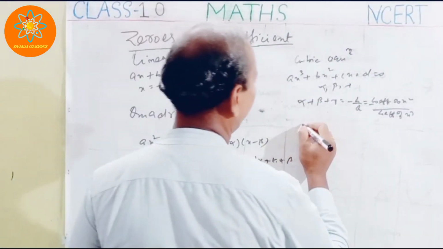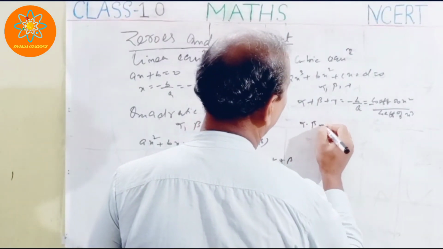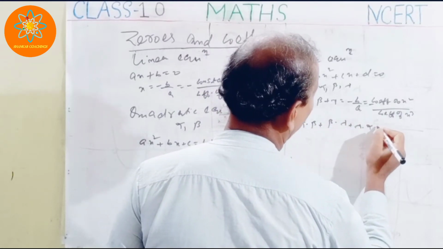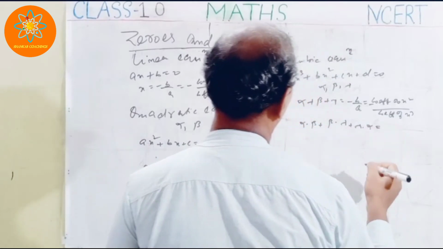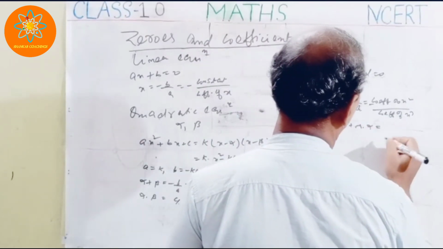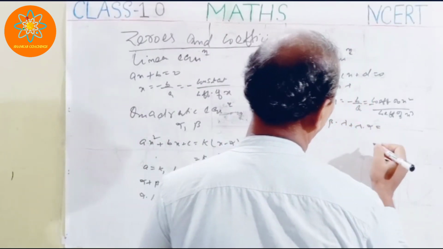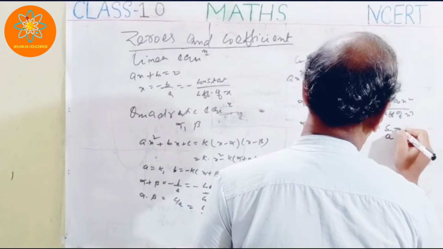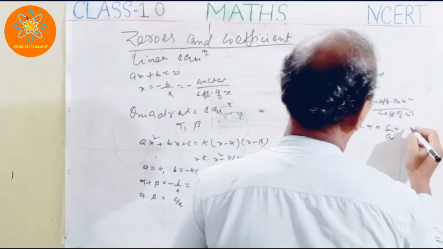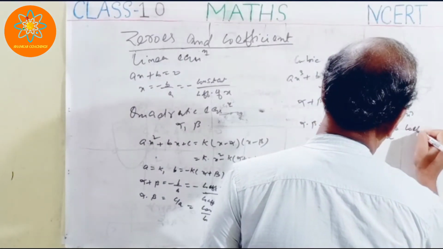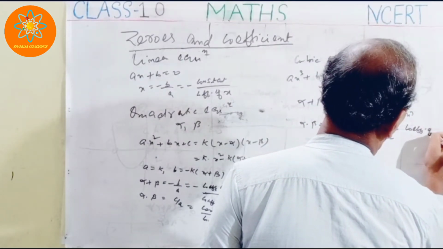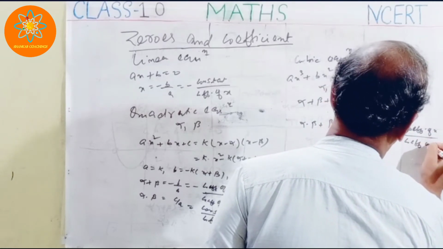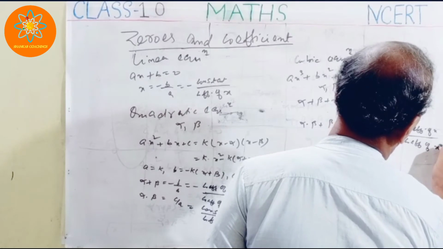Then come to the next one. It is alpha into beta plus beta into gamma plus gamma into alpha. As in the quadratic equation, this is equal to c by a, that is, the coefficient of x divided by the coefficient of x cube.